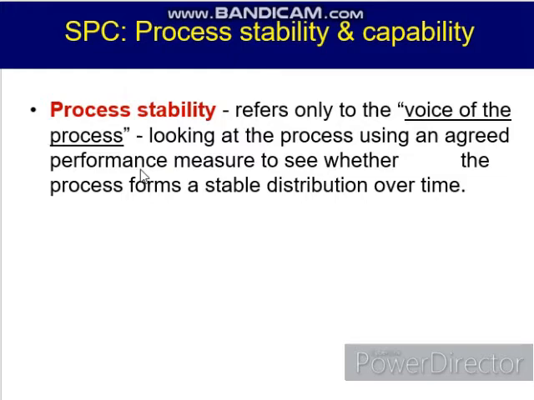For example, if I'm in the business of making, let's say, pencils, right? Maybe one of the performance measures that I collect from that particular process to reflect the quality of the product coming out from that line is the length of the pencil.